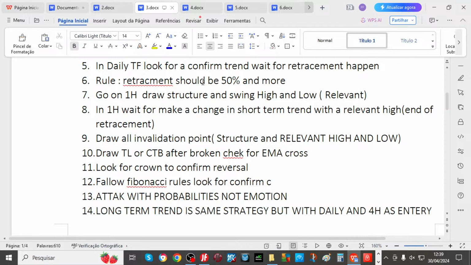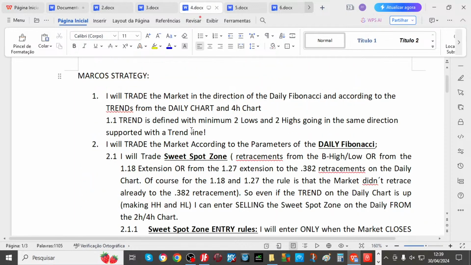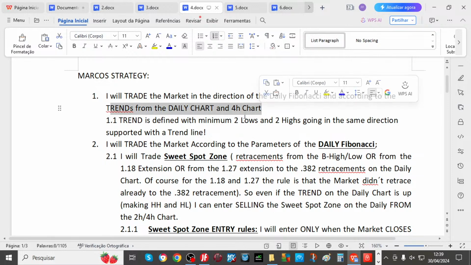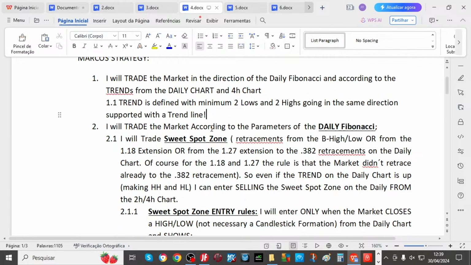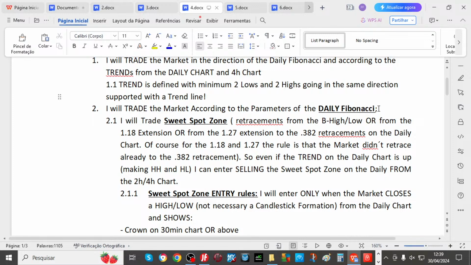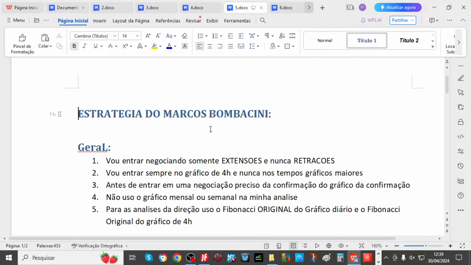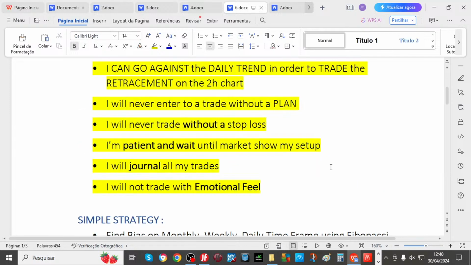This is a lot of analysis. I will trade the market in the direction of the daily Fibonacci according to the trends from the daily chart and 4-hour chart. So Marco is trading the daily Fibonacci, alright. This one is in Portuguese.